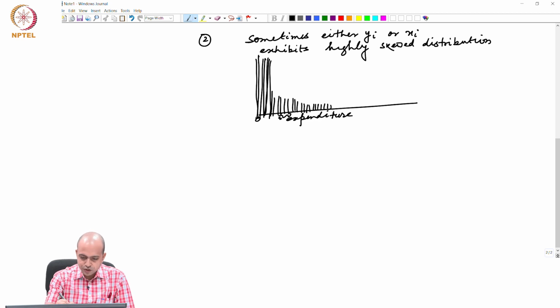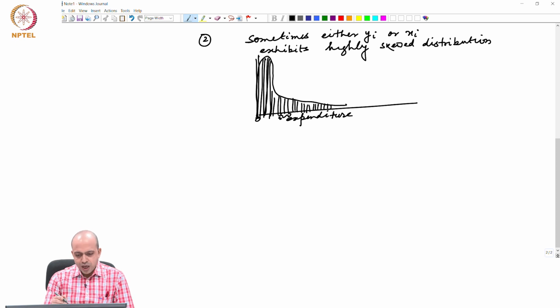Okay. So, that means your distribution is like this. So, this data is left skewed, and for our estimates to be unbiased and efficient, we want that they should exhibit some kind of normal distribution.